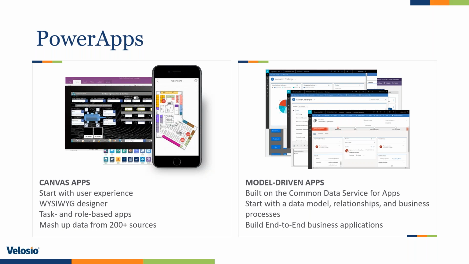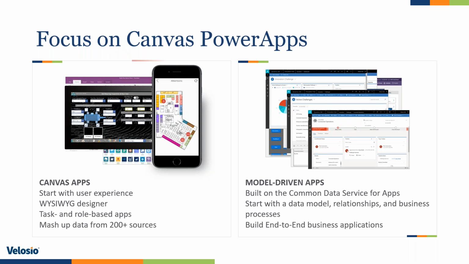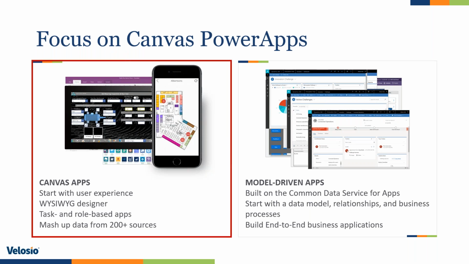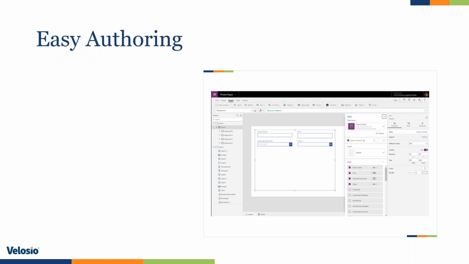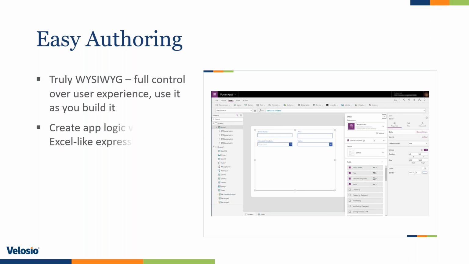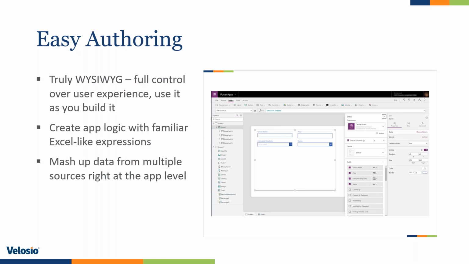I do want to dive into each of these and show you what it looks like to build them. So let's start by talking about Canvas apps and what it looks like when we're building these. I've got a screenshot. It may be a little bit small, but this is the designer experience for Canvas apps. You'll notice that in the middle there is that white space where we're beginning to build our application. That's the blank canvas, and then we're going to add components, click and drag things around.